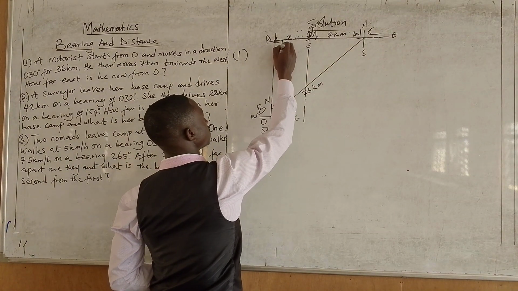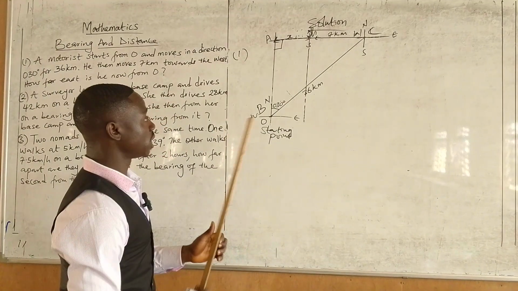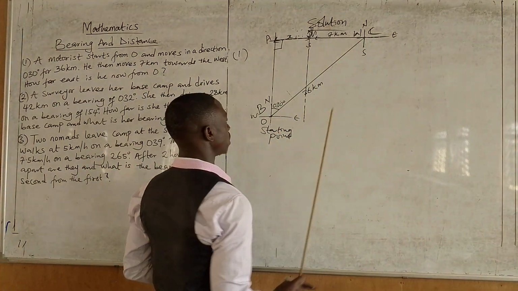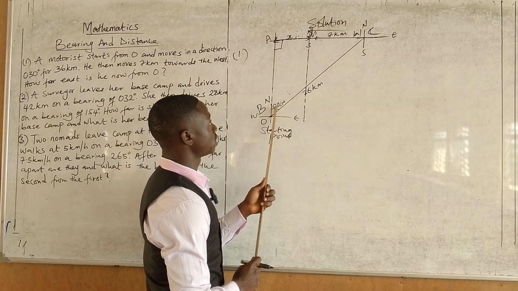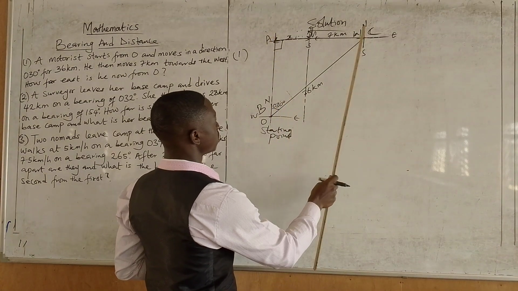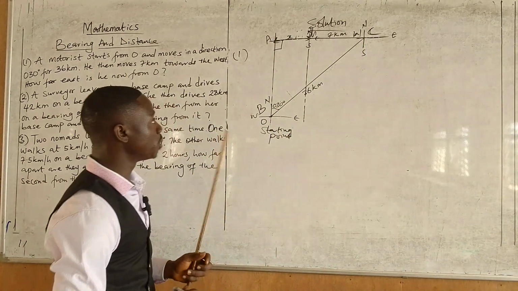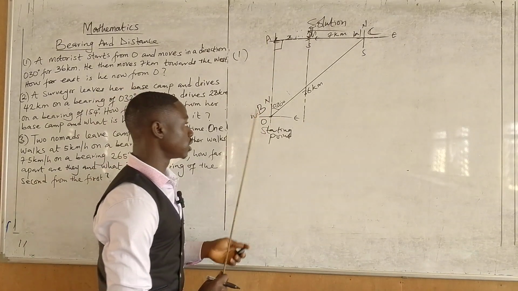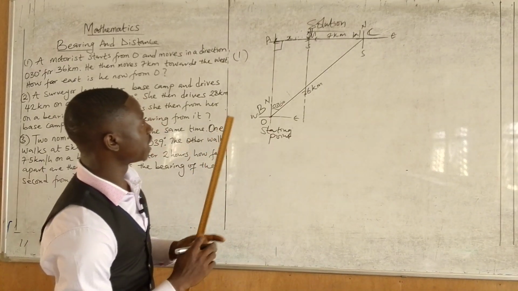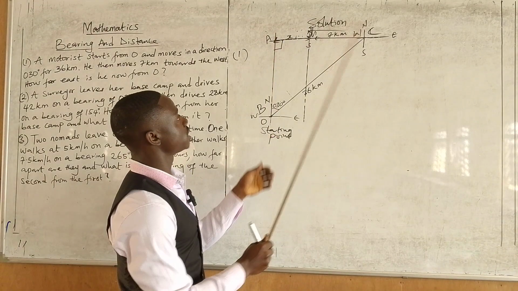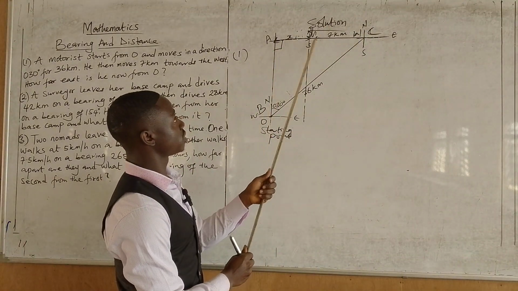Because here is 90 degrees. So we have the hypotenuse, then we have an angle theta here, which is 30 degrees. The remaining side AC is going to be the opposite, while AB becomes the adjacent. So if we can get side AC, we'll be able to get X, which we have to find.